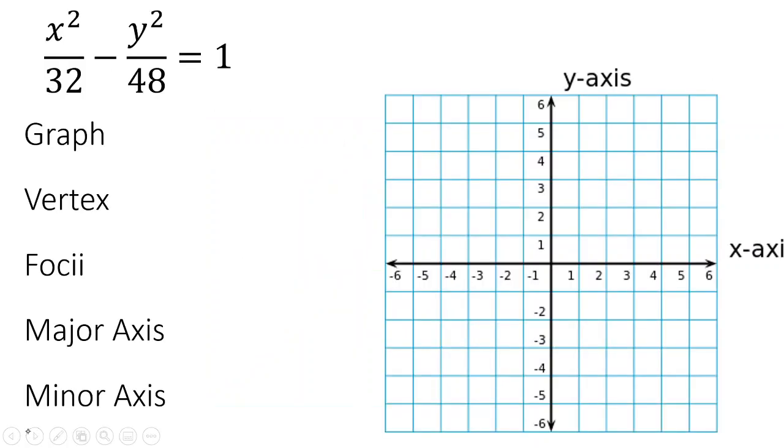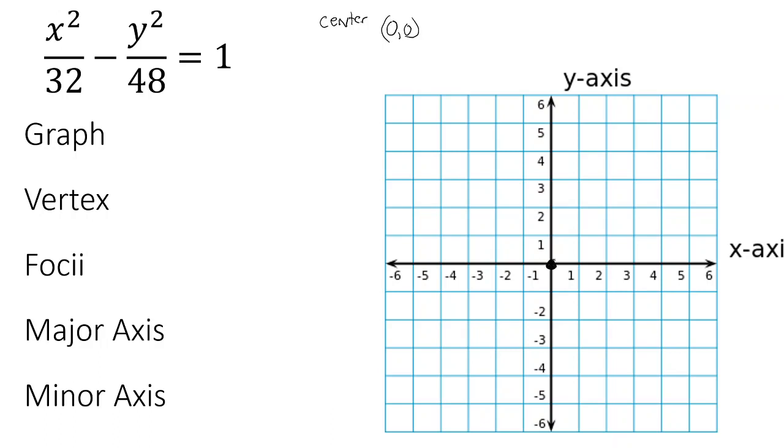So here I've got an equation. It's a pretty simple, pretty straightforward hyperbola. Just to get us started, the first thing I want to do is locate the center of this. The center is at (0, 0), right there.